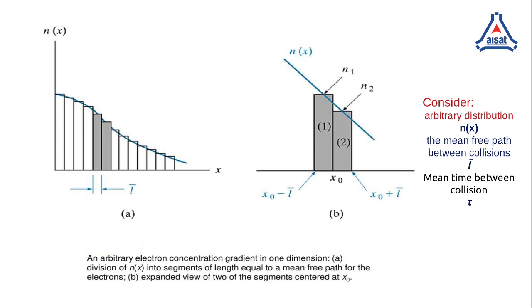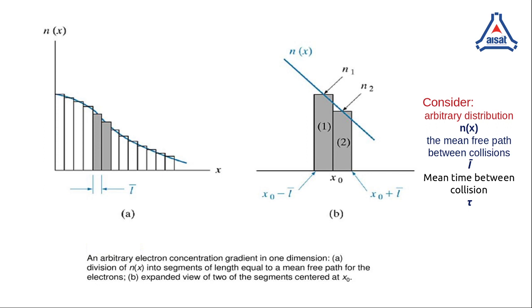Segment 2 will be from x0 till x0 plus L bar, and on the left side of x0 we have segment 1, from x0 minus L bar till x0.